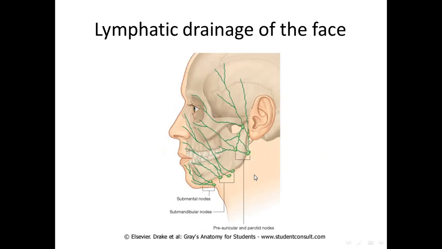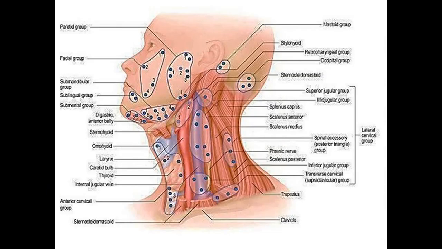These are the groups that drain the face: the parotid, submandibular, and submental. This illustration shows more groups, including the ones that we have talked about: the occipital, the mastoid, the submental, submandibular.